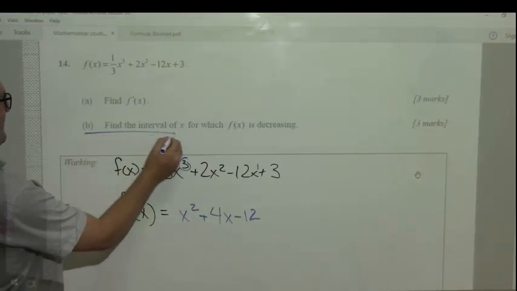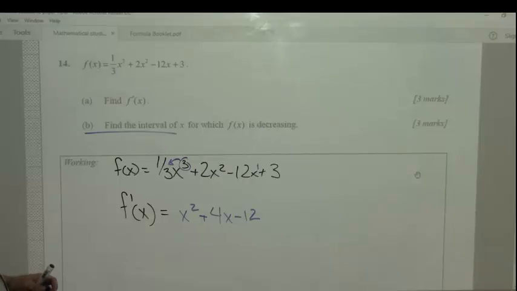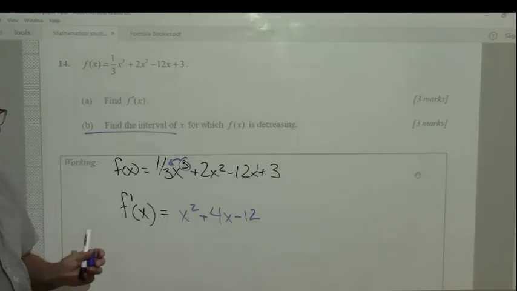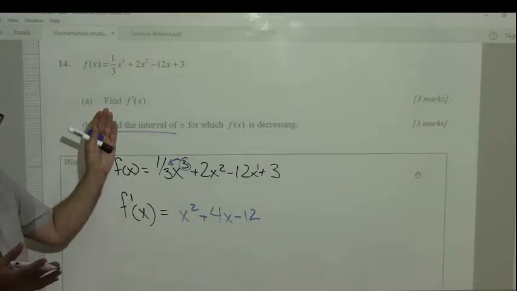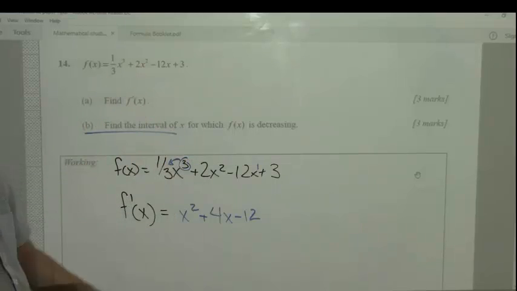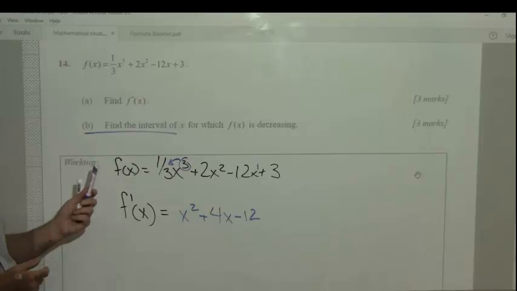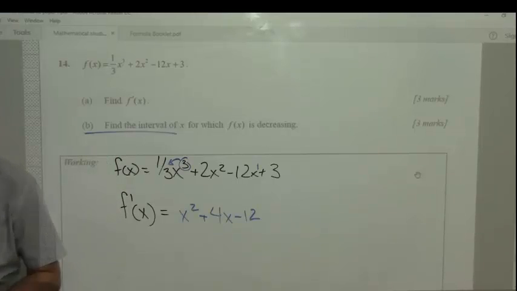Part B, find the interval of x for which the function is decreasing. So we're looking for 2 things. If I see the graph, I'll see where it's decreasing, but here I'll show you a quick way to find that.